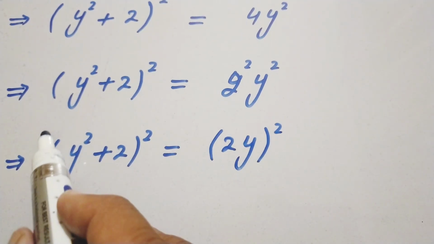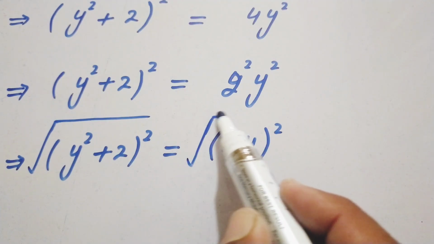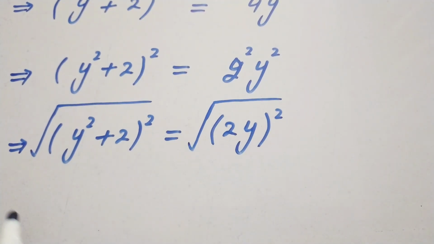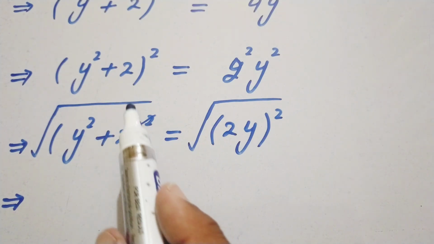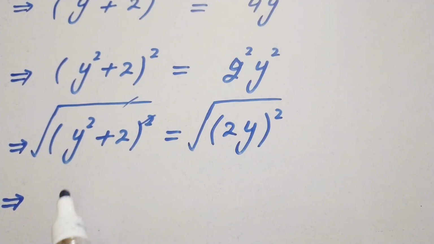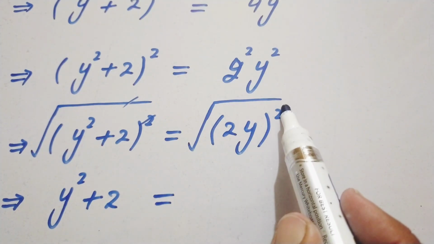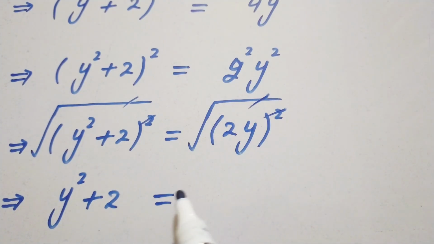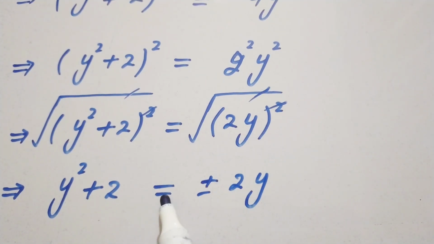Now taking square root on both sides, this square cancels with square root and it gives us y square plus 2 is equal to 2 cancels with square root gives us plus minus 2y. So y square plus 2 is equal to plus minus 2y.